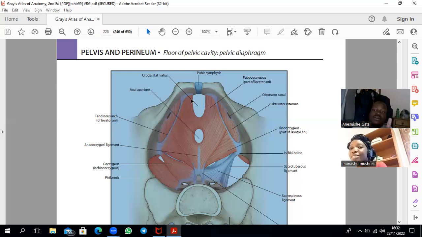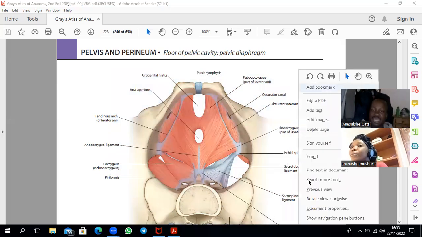Right. Oh, understood. And this internal pudendal artery is the artery of the perineum. It returns through the lesser sciatic foramen. Forgive me, I don't know why I can't find a diagram, really, rectum or something. It goes straight into, let me just search.